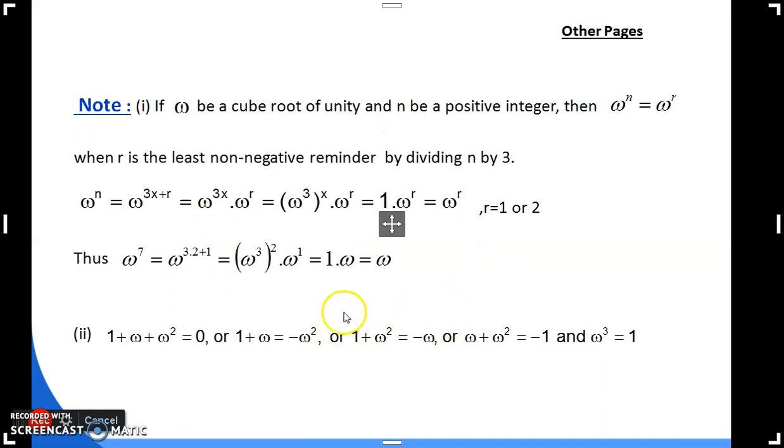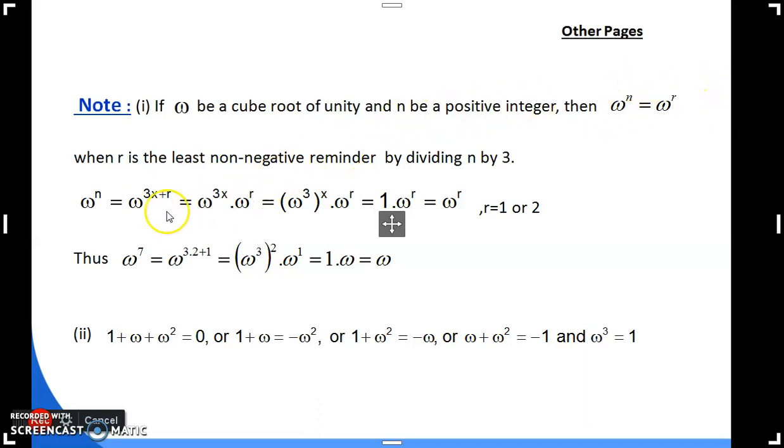Clear? Now come to some formulas. If the highest power of omega, n, is greater than 3, then it can be written as omega to the power r, where r is the remainder. So when you divide n by 3, you will have some quotient and some remainder.